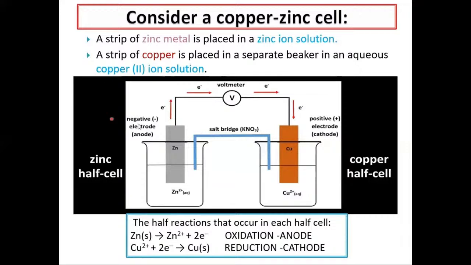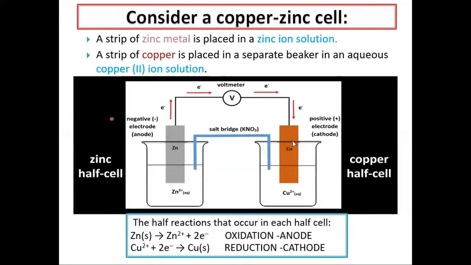It means that the anode always reduces in size, because it dissolves to give out the electrons. Then copper receives these electrons. What is happening? The electrons from the zinc combine with copper 2 ions to form copper solid.